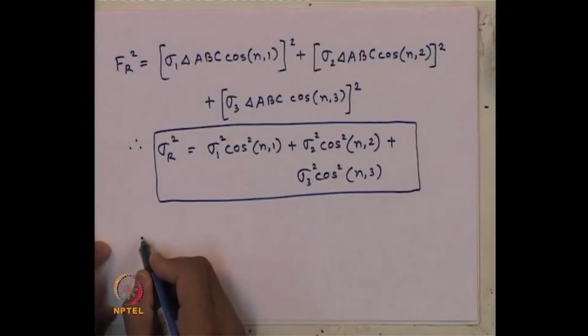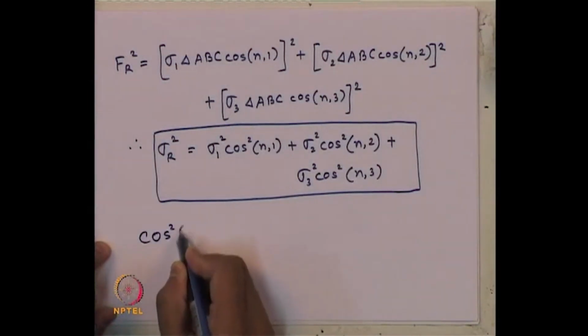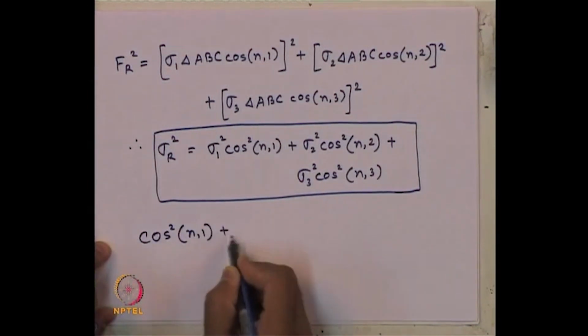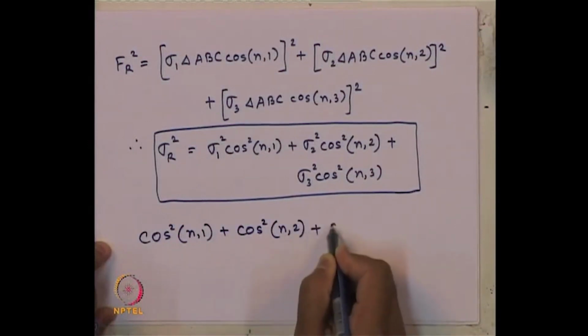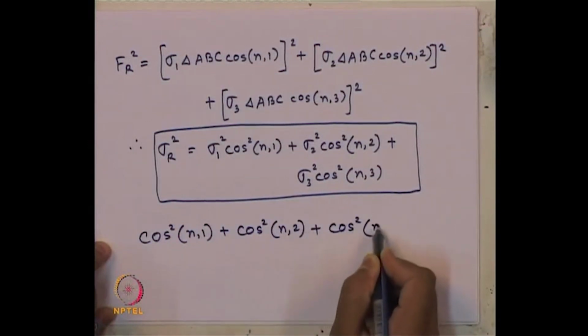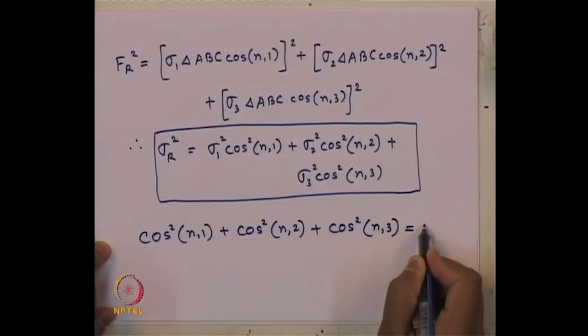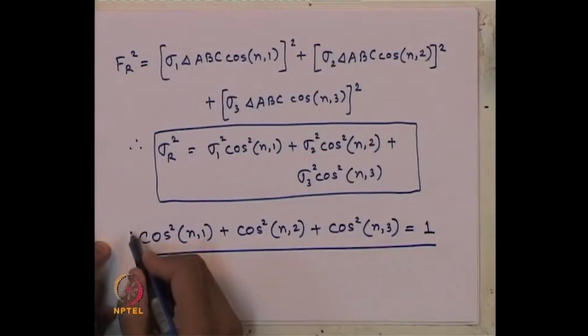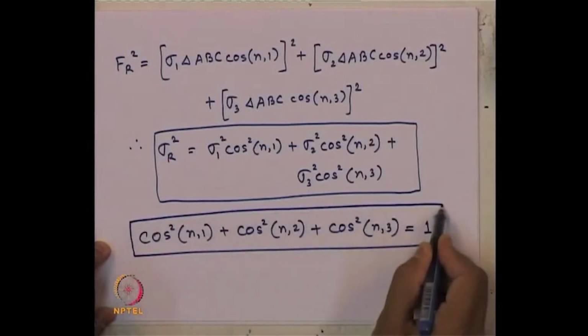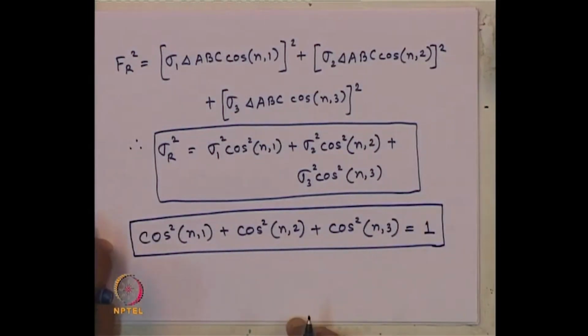What is that? Cosine square n1 plus cosine square n2 plus cosine square n3 must be equal to 1. Right? This is the cosine rule of any inclined plane with respect to the 3 orthogonal axis system.